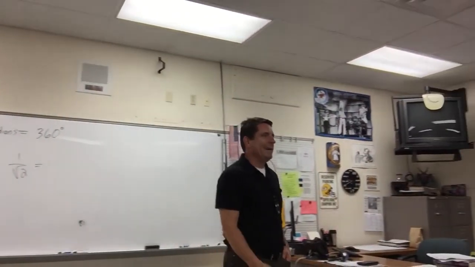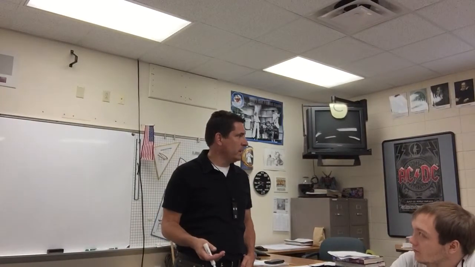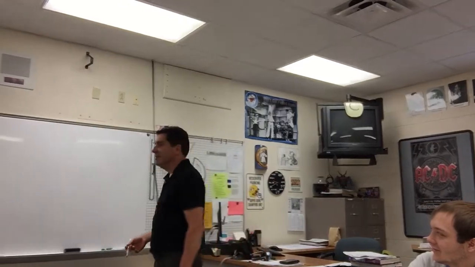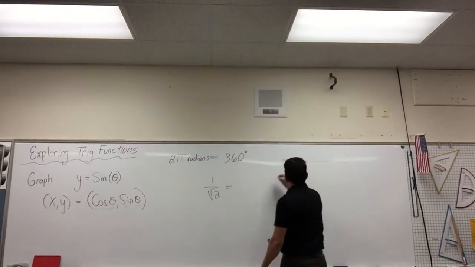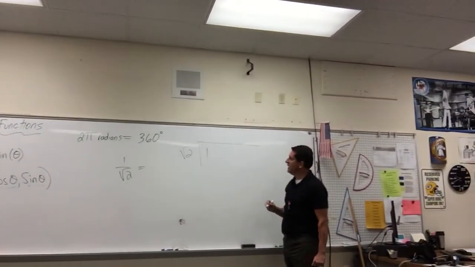Okay, I need that as a decimal. Can you just, no calculator, can you figure that out for me real quick? You say, oh yeah, no problem. I'm going to take 1 and I'm going to divide it by the square root of 2. Okay, it goes in there really nice.